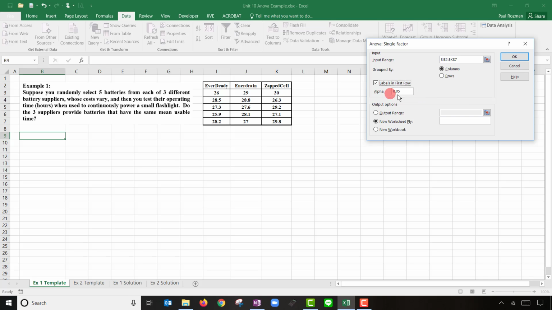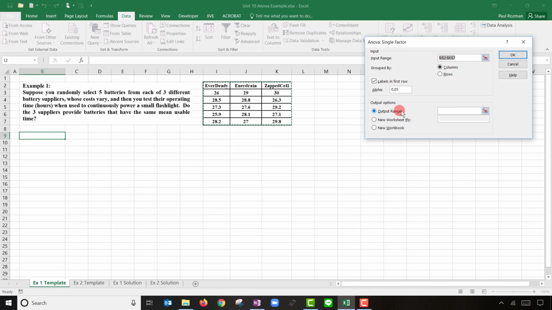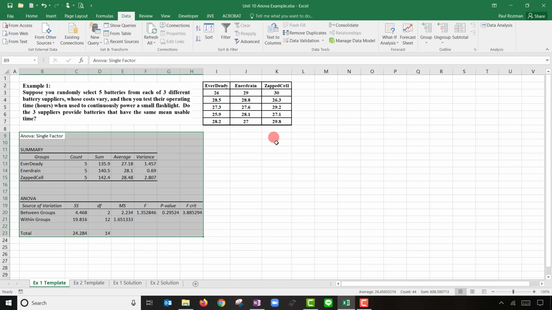You can set your alpha to be whatever you'd like, because Excel will tell you the critical value and the test statistic for comparison. And maybe I will just click on this radio button here and say I want to put it, how about in cell B9? And then OK. And what does Excel give us?